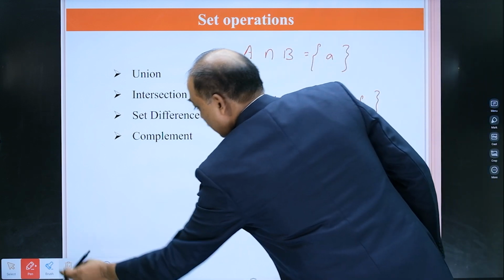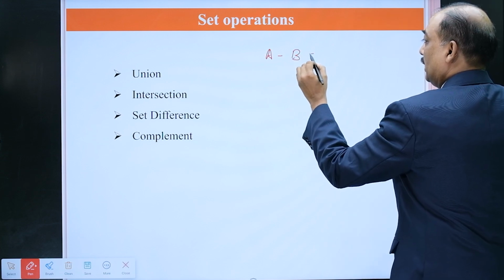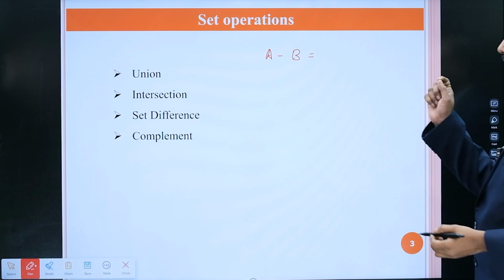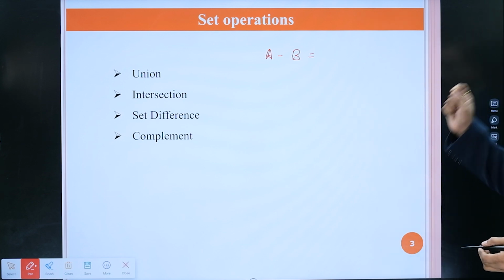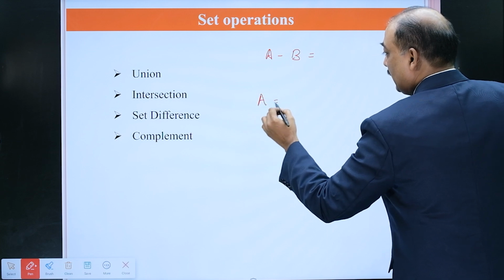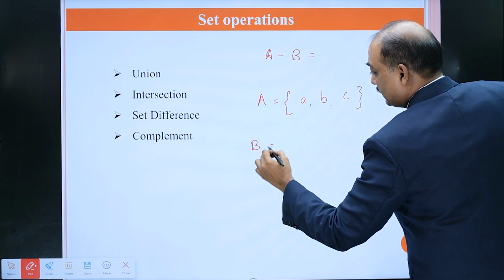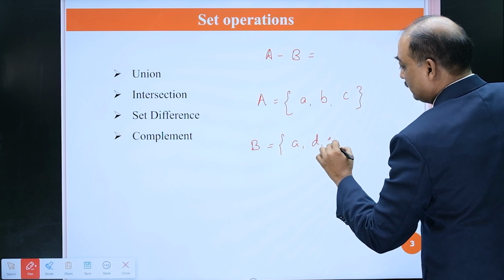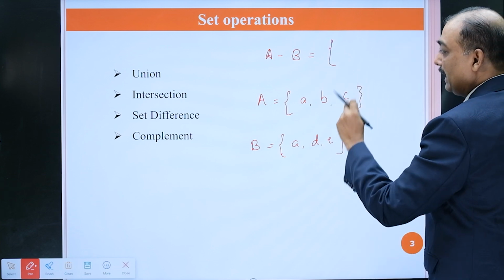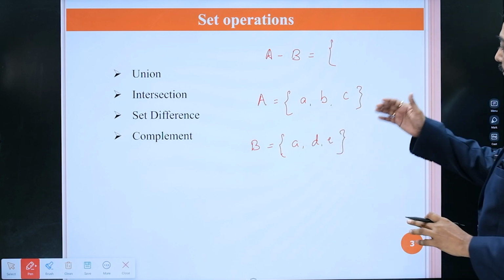Let's move on to the third operation, called set difference. We write set difference as A minus B. It indicates that this set will consist of elements which are present in set A but not present in set B. For example, suppose I have set A as A, B and C, and B is, let's say, A, D and E. So A minus B will consist of the elements which are present in A but not in B. Element A is present in both sets, so that will not come into the picture.